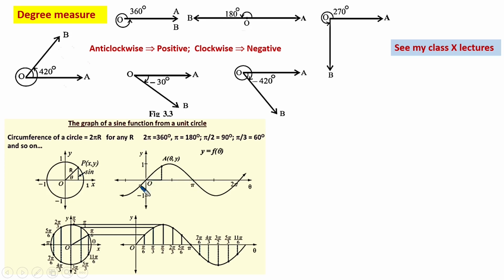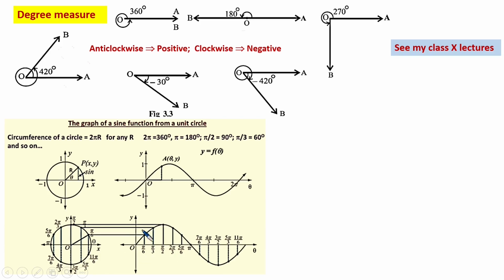So that's what I have shown here, this y-axis, and this angle is theta. So in this axis I have put the theta. So as a function of theta, how the projection goes: it increases and then goes to maximum, then again it comes to 0, then goes to the negative side, goes to minus 1 here, and then again when it completes one rotation here, it is 2 pi or 360 degree.